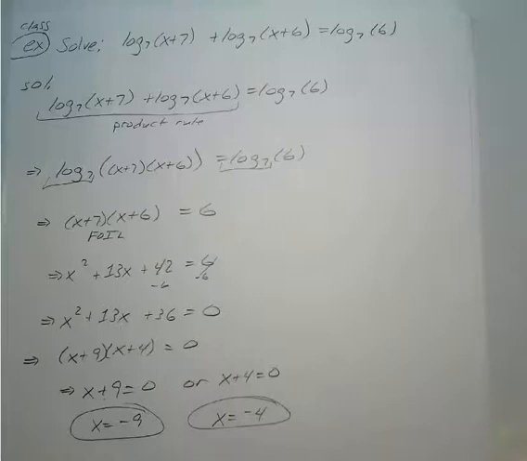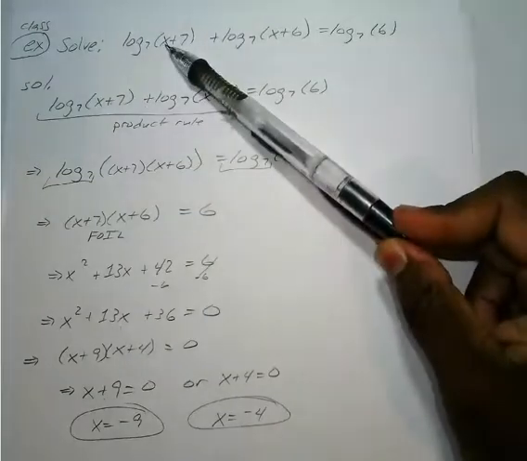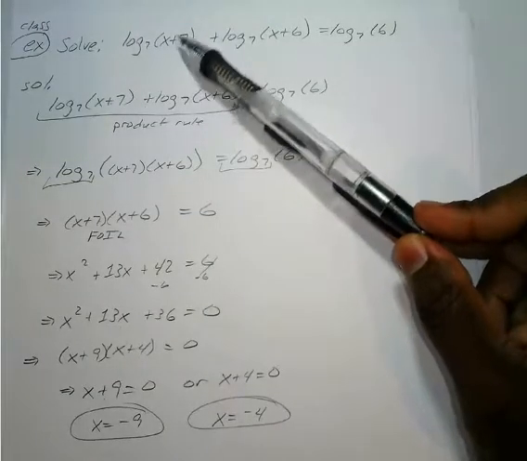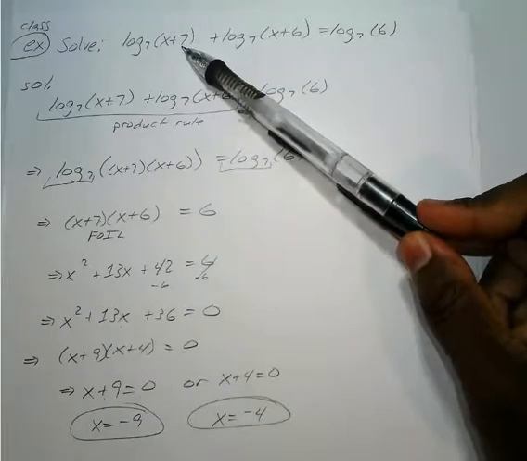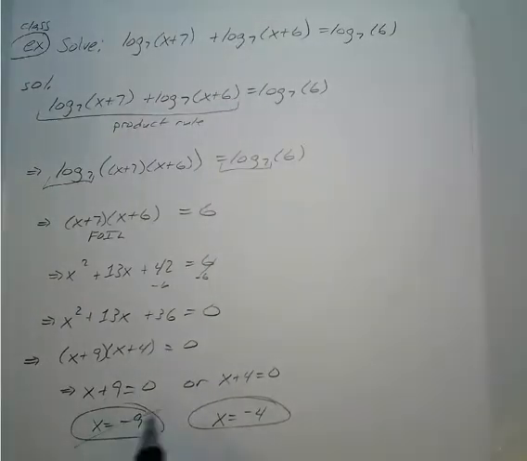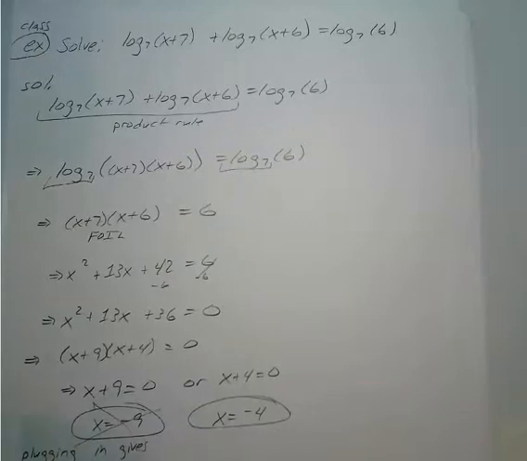Okay, so now we plug both of those in and we check. If you plug in -9, you have -9 plus 7, that will give you log of -2. So we automatically know we can't use that one. Plugging in gives a negative log value.